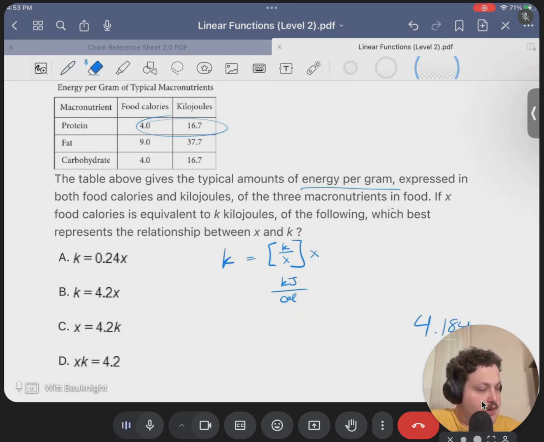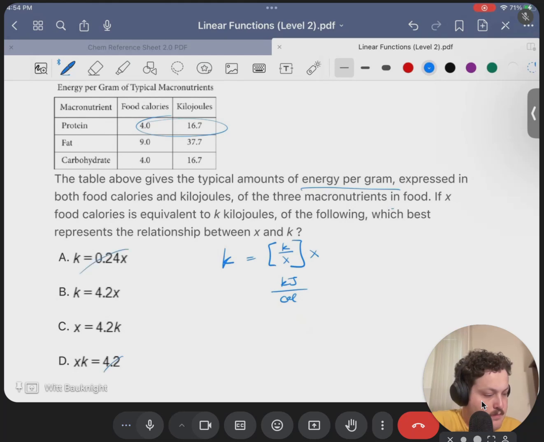That's from chemistry. But, so we just take the kilojoules and we divide it by calorie, 16.7 divided by 4.0. And according to this chart, we get something closer to, make sure you pick the right one, B.